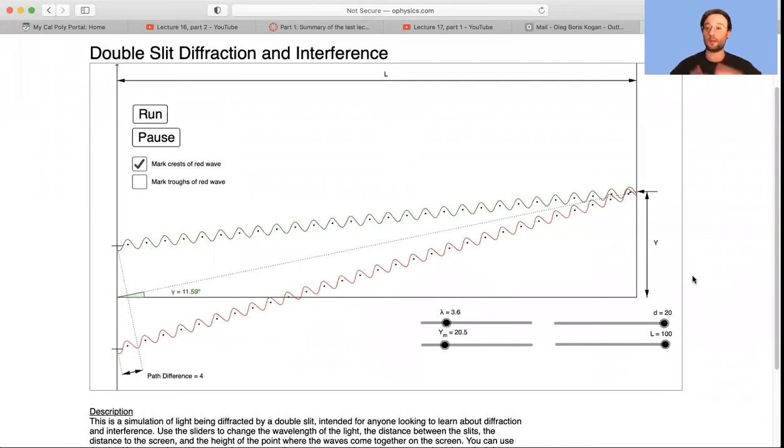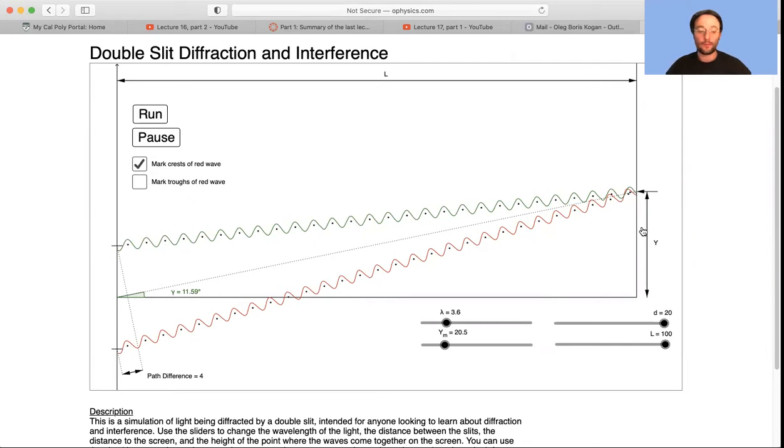So we have 2 sources, each generates spherical or circular waves, and any point on the screen experiences the sum of those 2 waves. Rather than showing you the entire pattern of circular waves, I'm showing just that pair of waves that arrives at a given point on the screen.